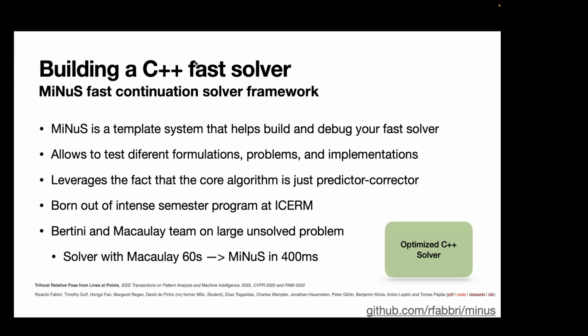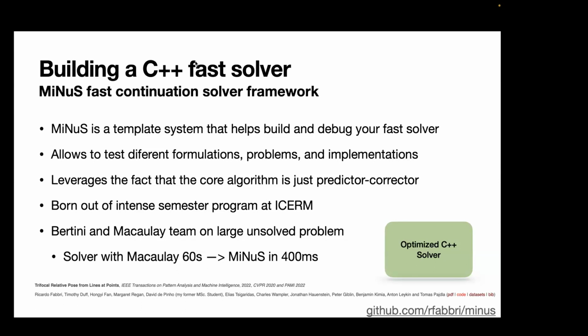This was one of the intense semester programs at ISERM where we tried to solve these hard problems. There was a Bertini and Macaulay team trying to make it work for this trifocal problem, and the solver with Macaulay ended up being the only one that worked. So the first solver in the world for that problem was the one with Macaulay, and it took 60 seconds per solve.